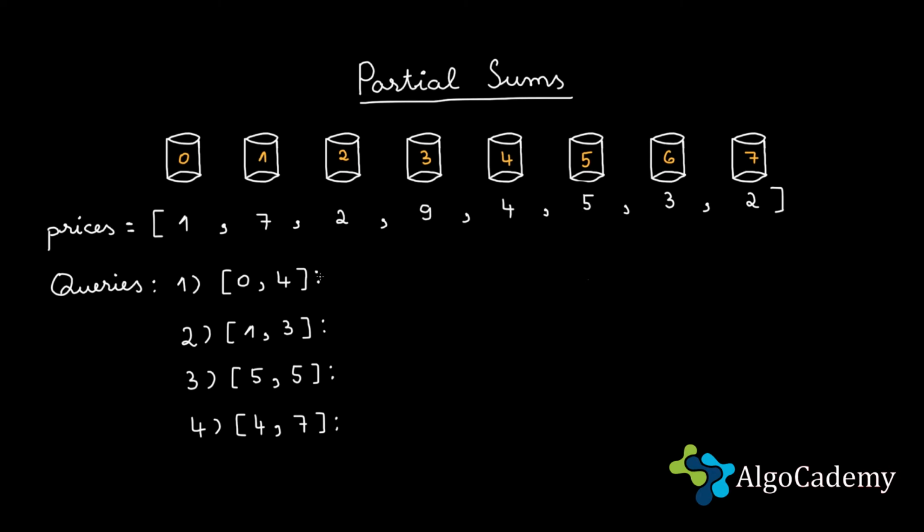So what I can do is, of course, start on paper, have my paper in front of me, start with the sum 0, and then go through all the servers. Now, from 0 to 4, I take a look at server 0, the price is 1, so here it becomes 1. I took a look at the next server, 7, of course this becomes 8. Take a look at the next one, 2, of course this becomes 10. And take a final look, no, not a final look, sorry about that.